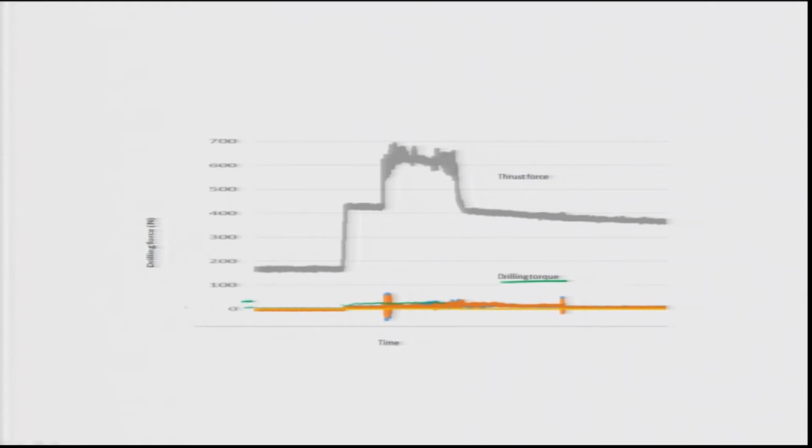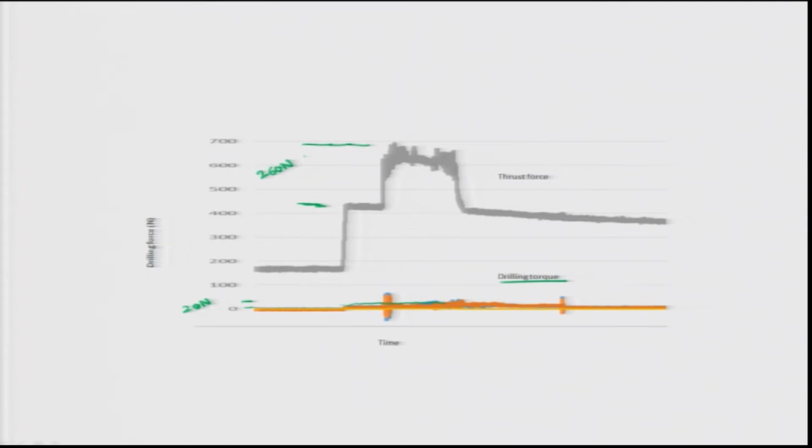And this is my drilling thrust force. If I take this difference, 680 minus 420, it is of the order of 260 newtons. So this is the drilling process.